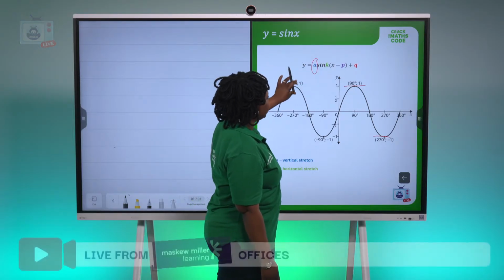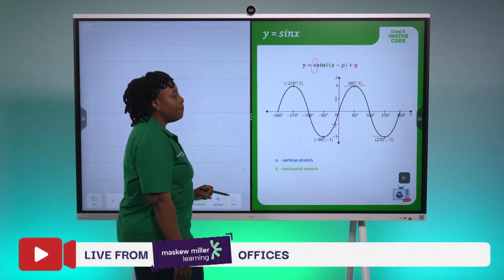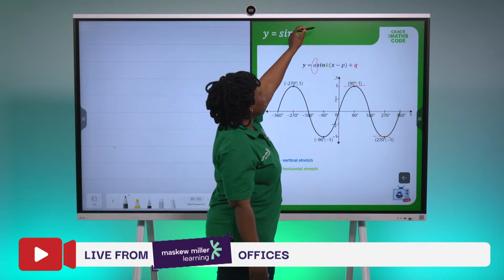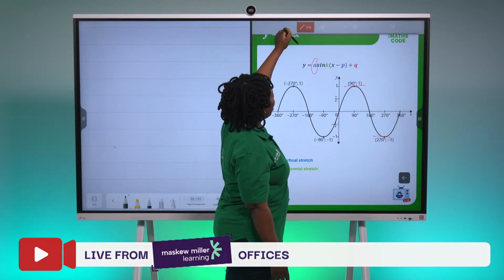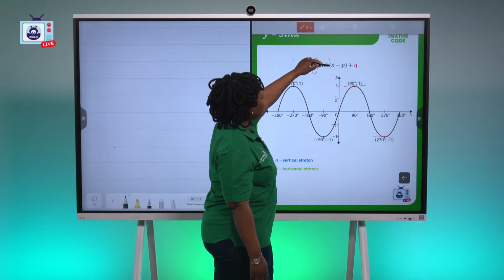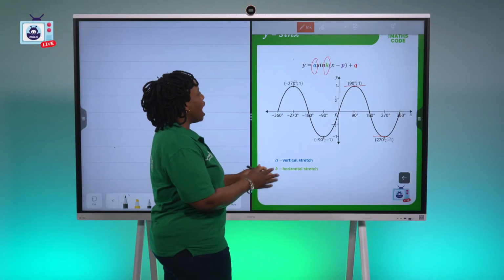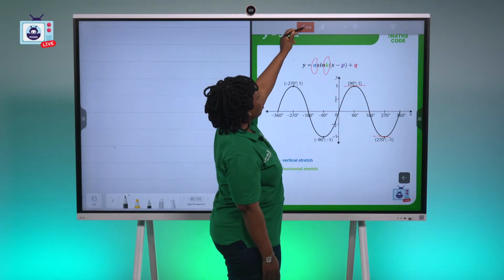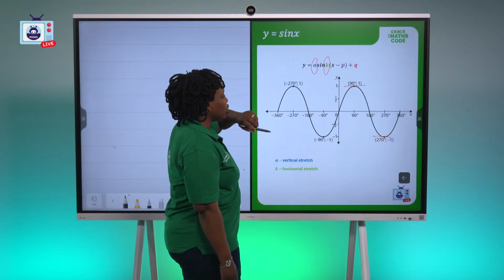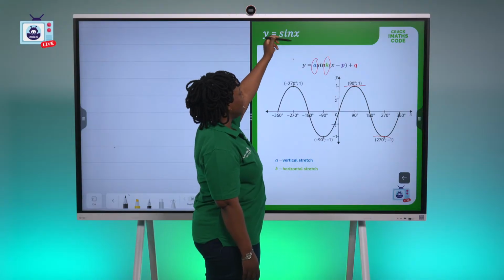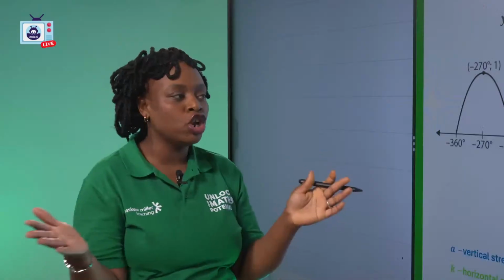So that is the vertical stretch, and we have our parameter K, which literally stays in front of our angle. If this K here is more than 1, that affects the whole graph. But how does it affect the graph? If it's more than 1, that affects even the period of the graph.